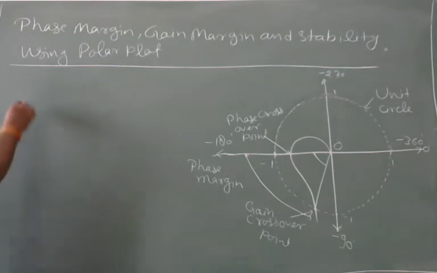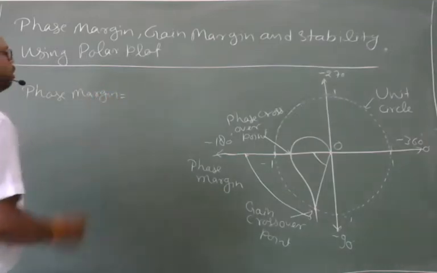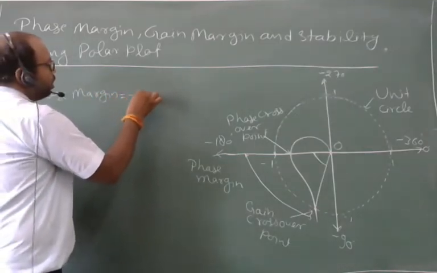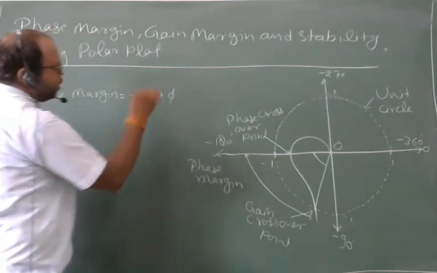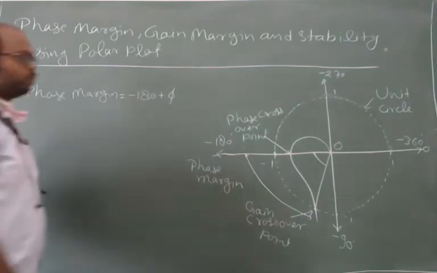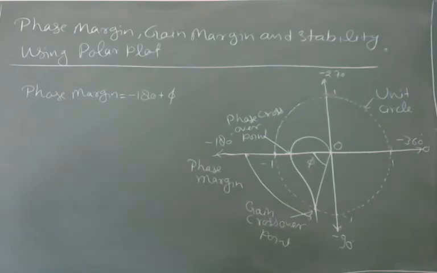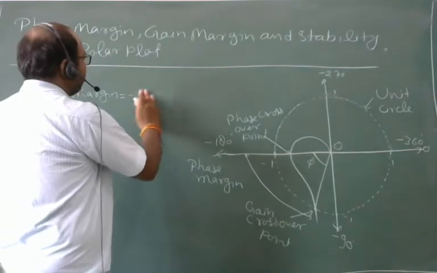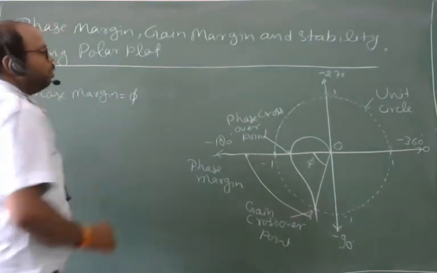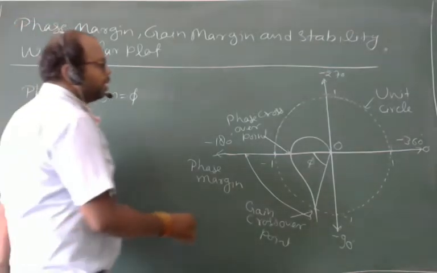Or in other words, phase margin is equal to phi.